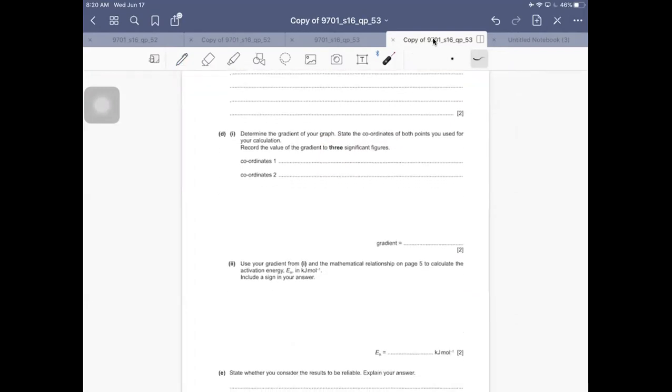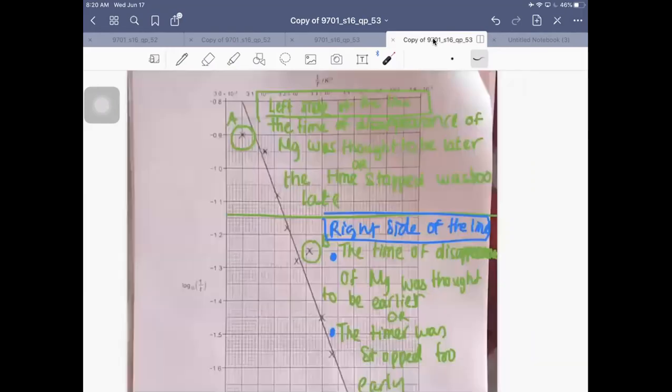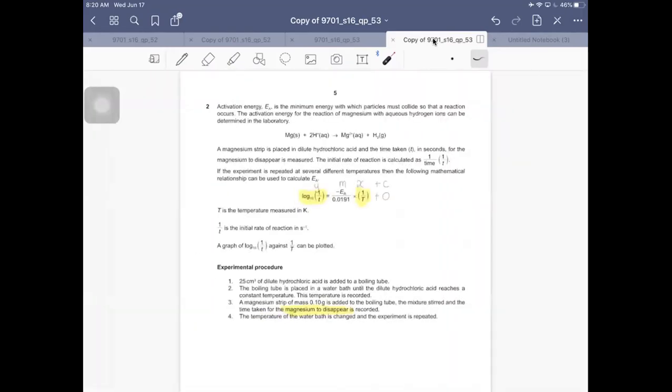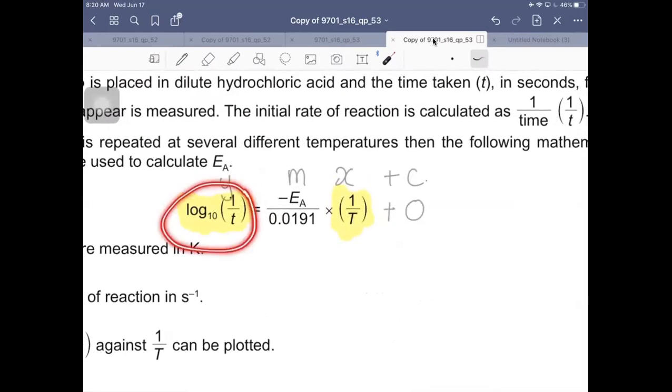After you find the gradient, use the mathematical relationship on page 5 to calculate the activation energy. If you look at this expression, I've already explained this to you earlier. Your y-axis is the log 1 over t, so that's y. Your x-axis is 1 over T, so that means this whole expression is your gradient.